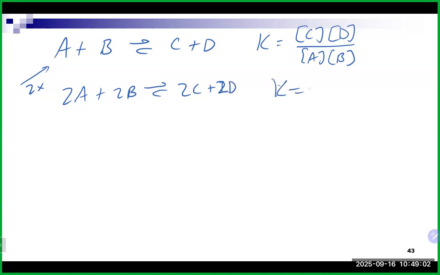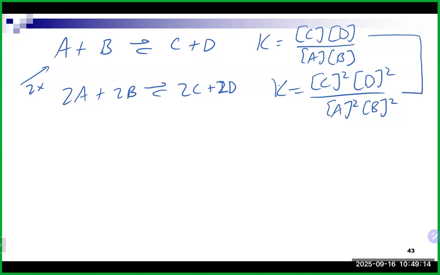Our K expression for this would be C squared D squared divided by A squared and B squared. So what happened going from this equilibrium expression to this one? I basically squared it, and that's because I multiplied by 2.